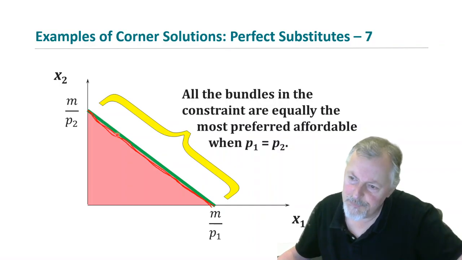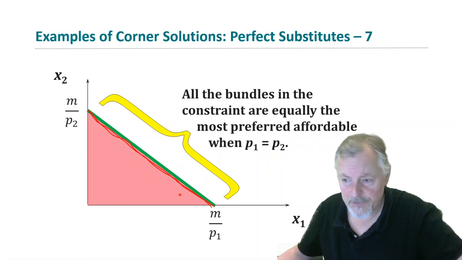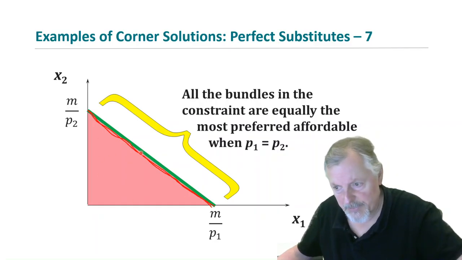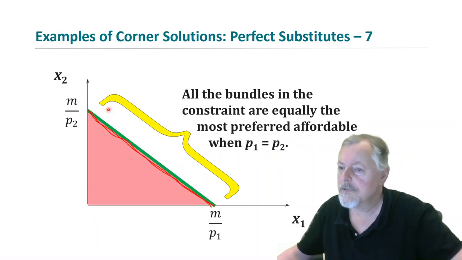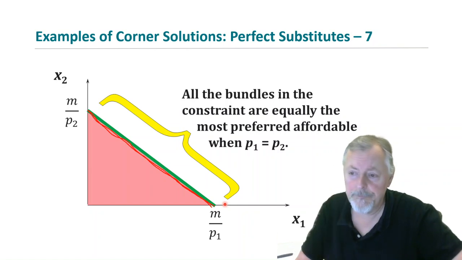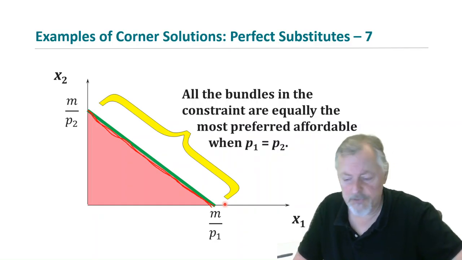Then all of these points on the green line are affordable, but just barely. Inside here, that's the budget set. This is the budget constraint. So this person will buy something on this green line, some combination of x1 and x2 on the green line. But they're all on the same indifference curve. So which one will this person buy?